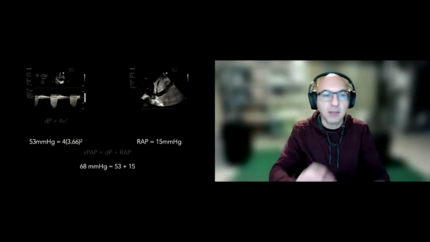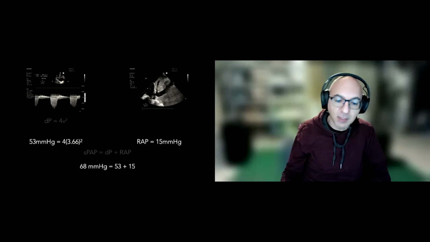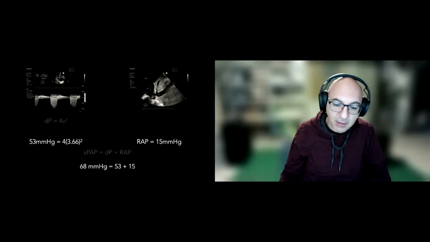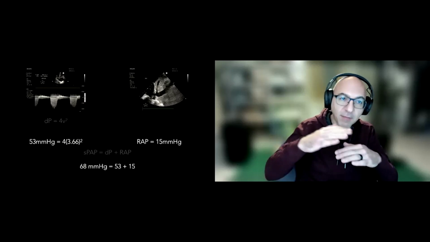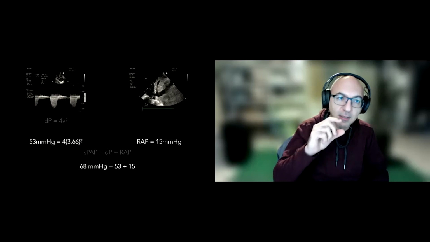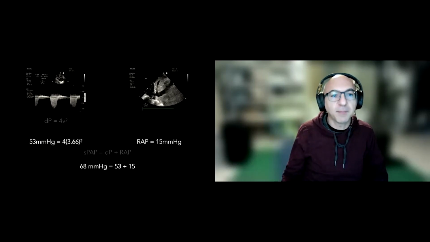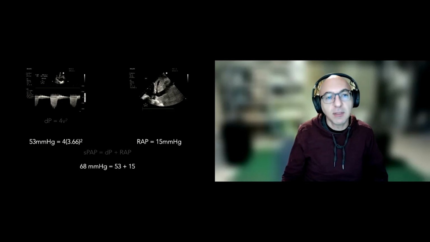And of course, the picture that you show with the envelope, it's not always going to be smooth. Sometimes there's going to be some broadening of that signal wave because of turbulent flow and in the sample volume that you set. If you're using a sample volume, in this case, you're using continuous Doppler, which is cleaner.